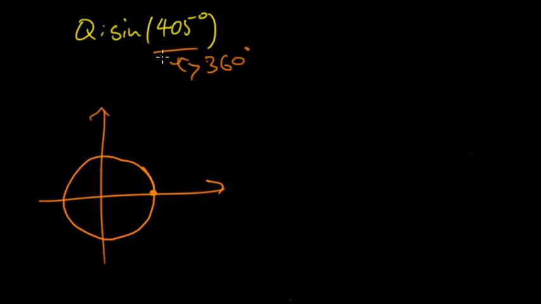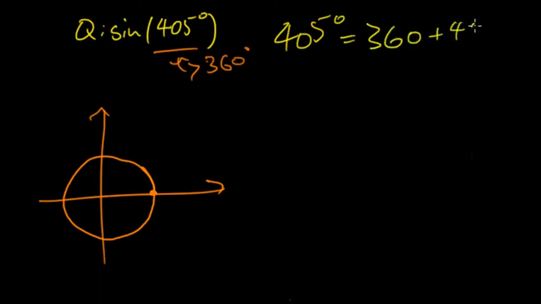So effectively 405 degrees is just equal to 405 minus 360. So it keeps going round and round and round. It doesn't matter how many times it goes round, whatever quadrant it's in is the one it ends up in. So 405 degrees is equal to 360 plus 45.